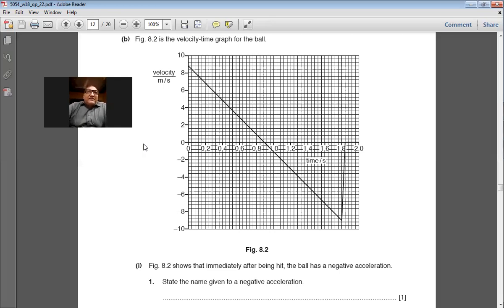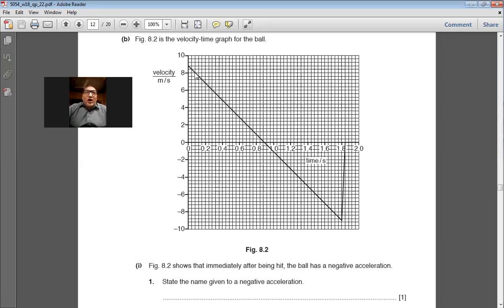So look at this graph. Here you have velocity on the y-axis, and you know velocity has direction. So here velocity is positive, and here the velocity is negative. On the y-axis I have velocity in meters per second, and on the x-axis we have time.